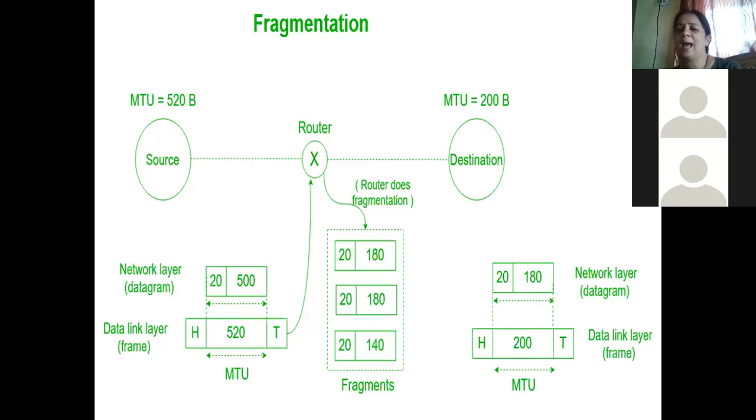Once the destination accepts the data, it will put together 3 packets or 3 datagrams and reassemble them into the original packet. This process of breaking down a large packet into smaller chunks is called fragmentation, and it happens in the internet layer, or in the network layer, with the help of IP protocol, that is Internet Protocol.